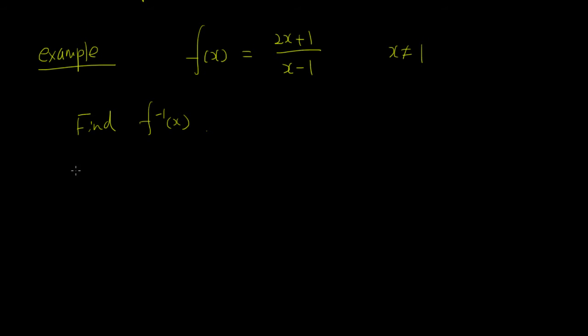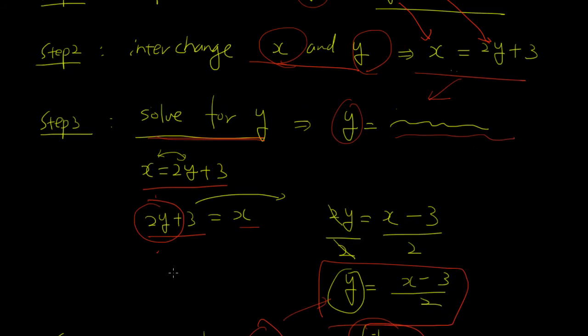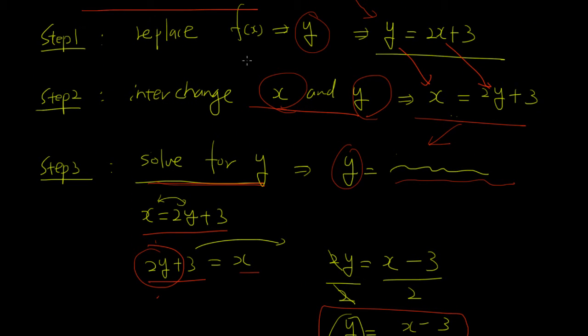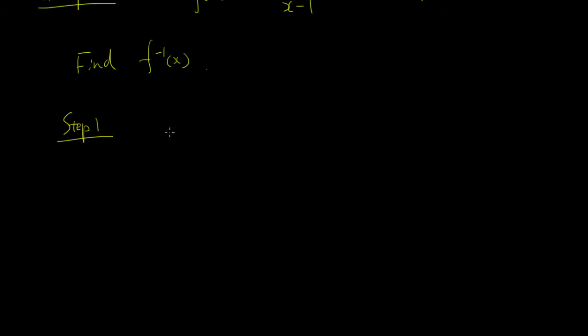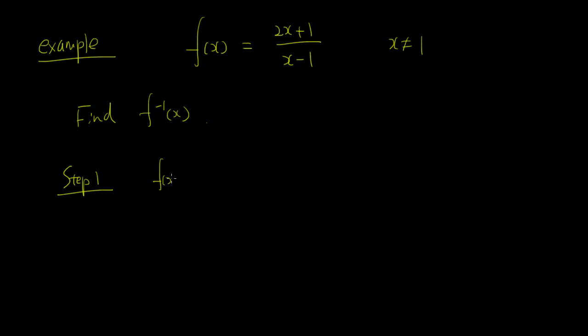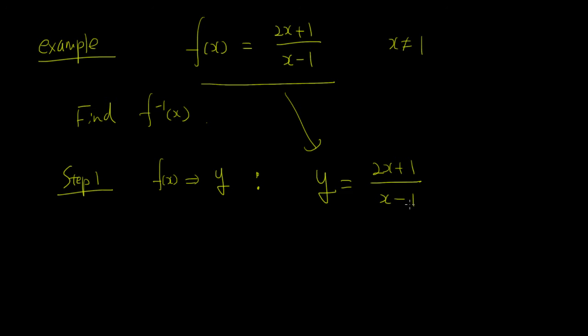Step 1. Step 1 was what? Step 1 was replace f of x with y. So f of x to y. So you can rewrite this as y equals x plus 1 over x minus 1.